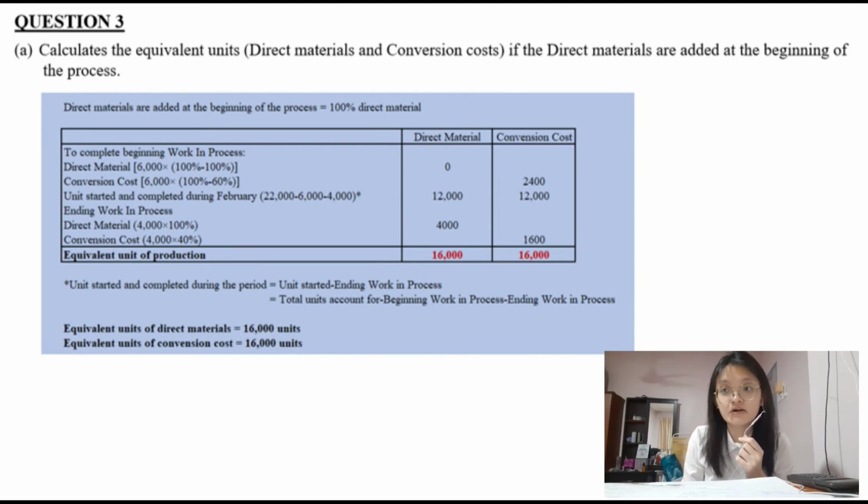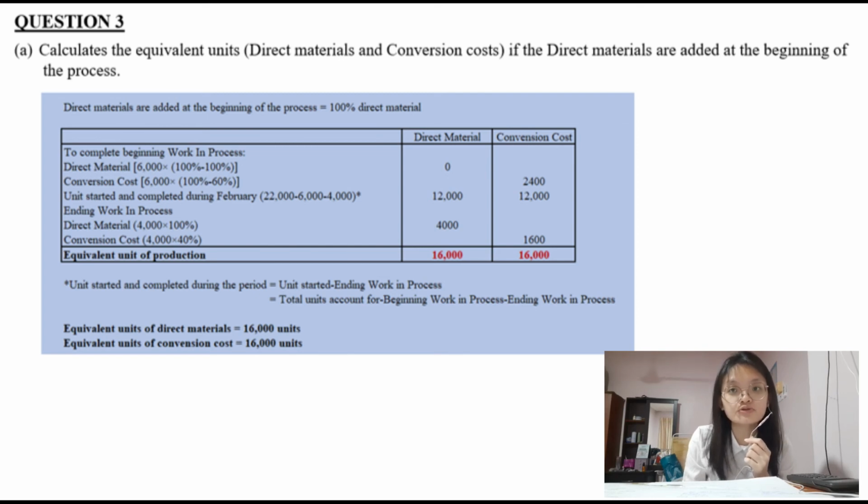And then for the third calculation is the ending work in process, which during this calculation we just need to use the physical units of ending work in process times the percentage of completed. So, which is for the direct material, we use 4,000 units times 100% that already completed.